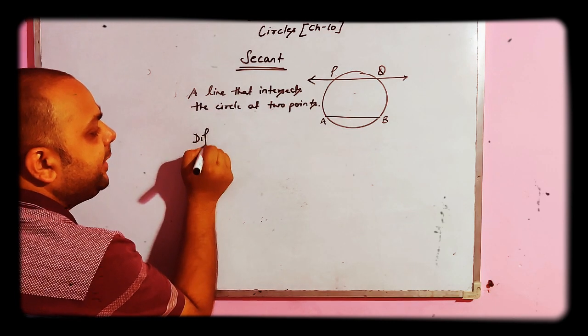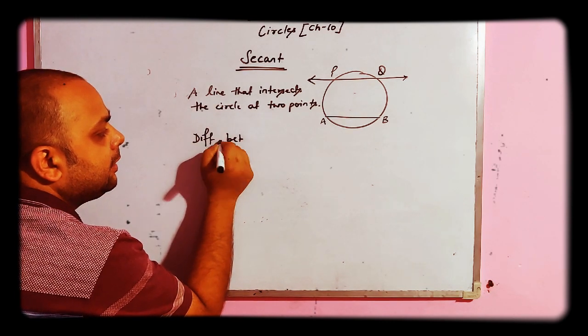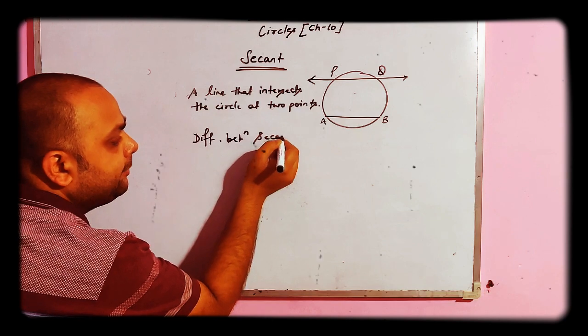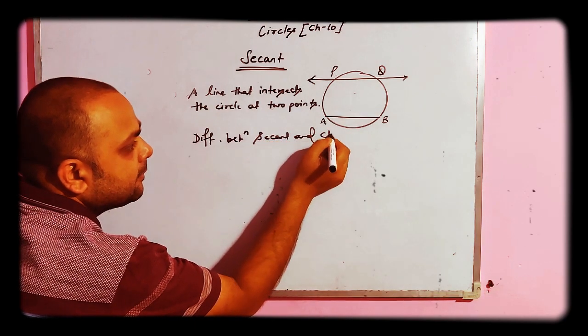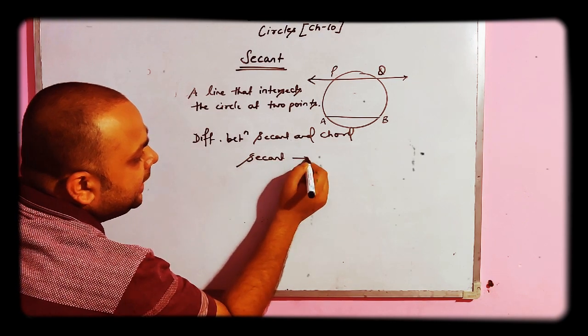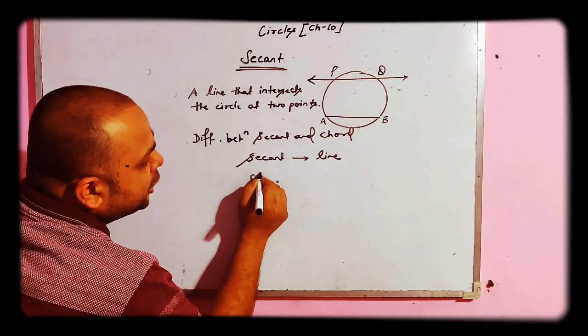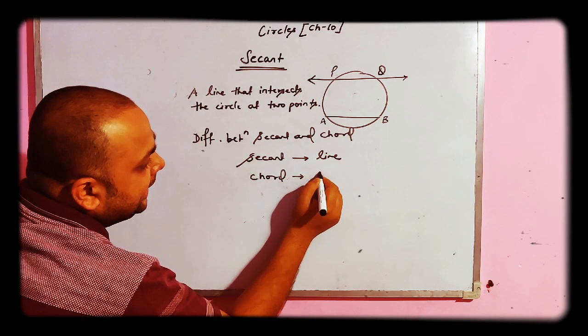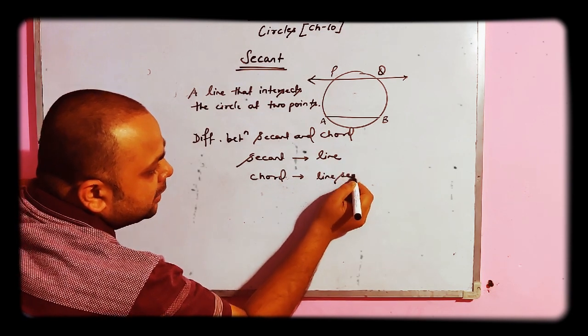So the difference between secant and chord is that a secant is a line and a chord is a line segment.